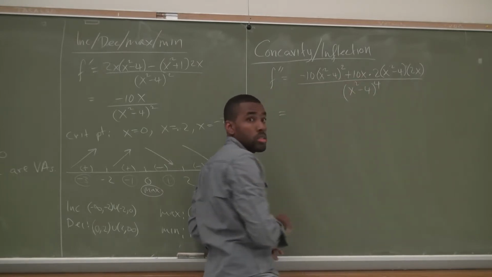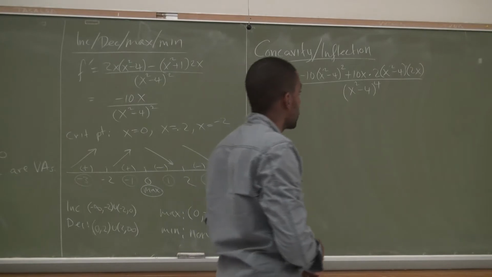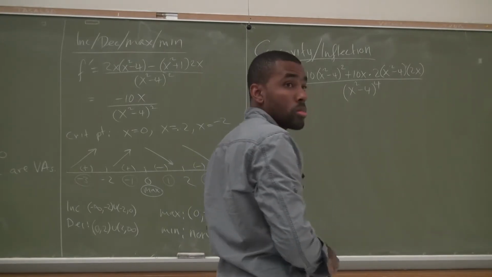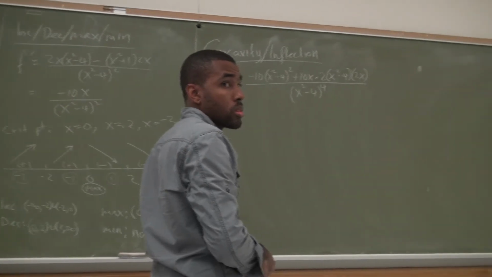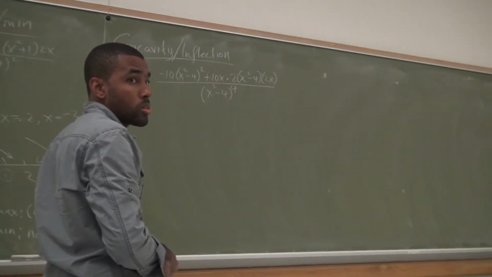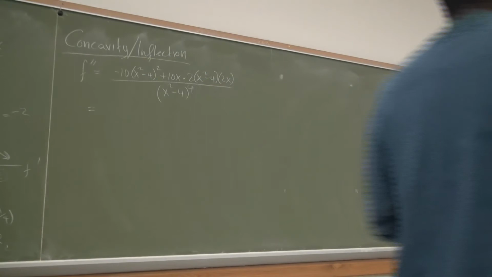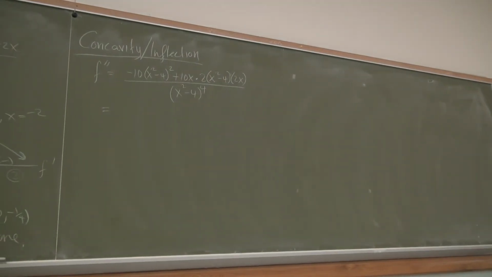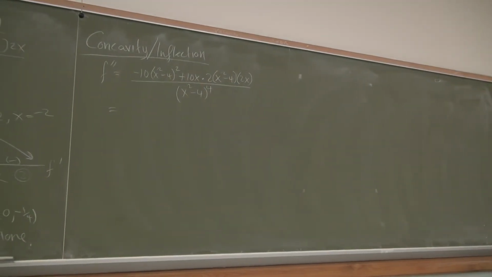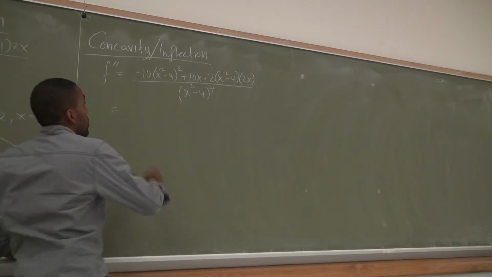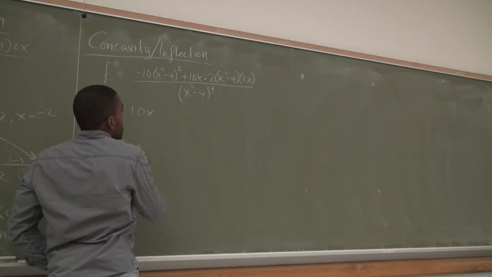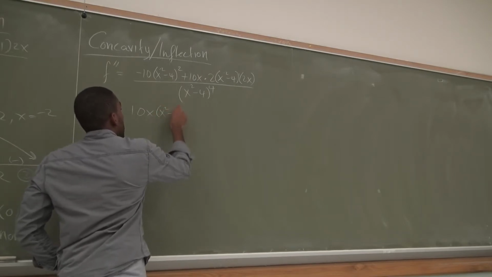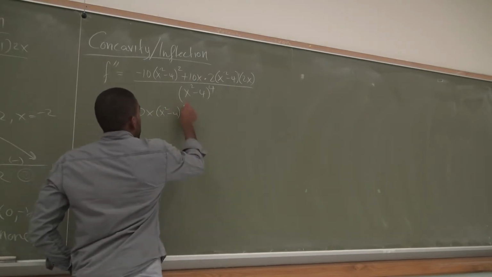Professor, isn't it minus? Wait. When you do the quotient, isn't it the first thing, f prime, whatever, minus the, or did I? Yes, but there's a negative here. Oh crap. So it's minus a minus 10, using that, plus 10. Okay, so 10 is a common term, x is a common term, x squared minus 4 is a common term.